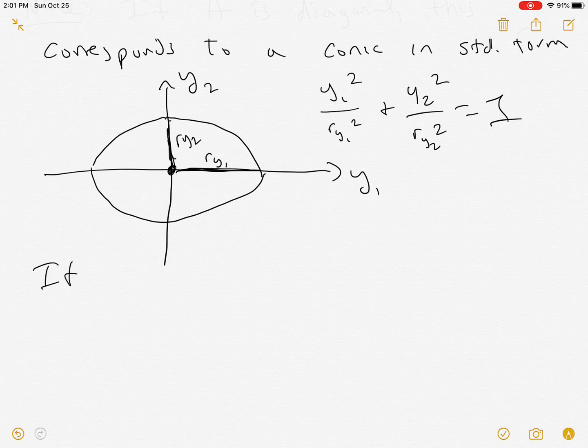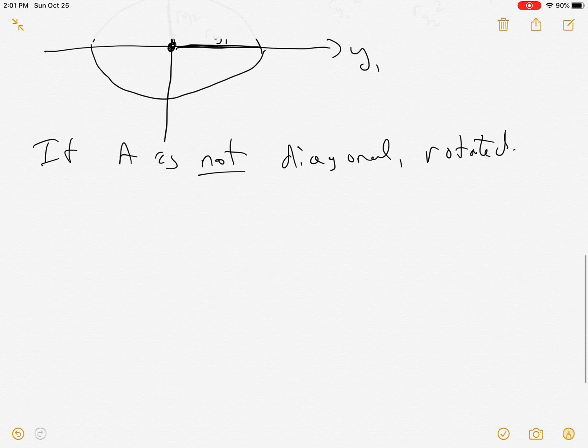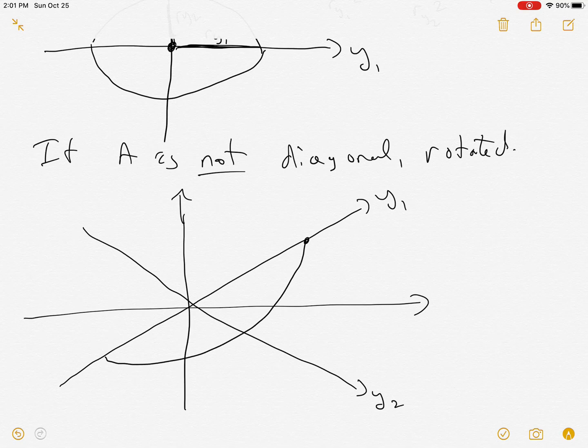Now, if A is not diagonal, that implies there's a cross product term, and this thing is rotated. So a similar way might be something like this. Let me get some color in here.